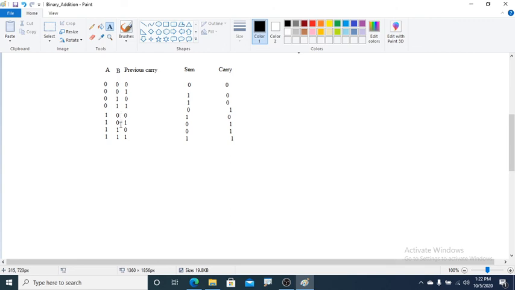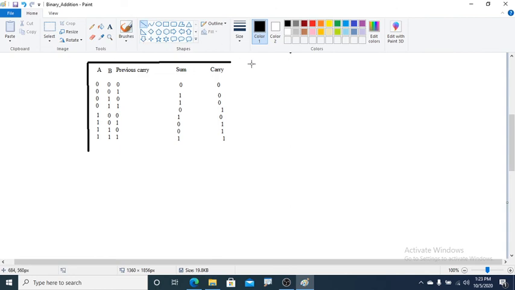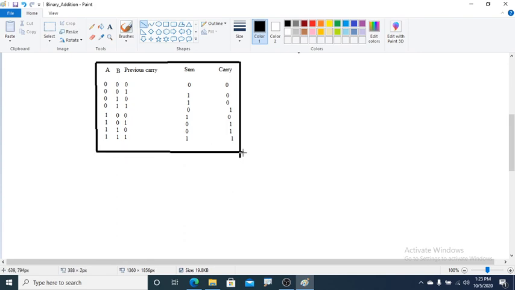So this is a chart: 3 variables binary addition.